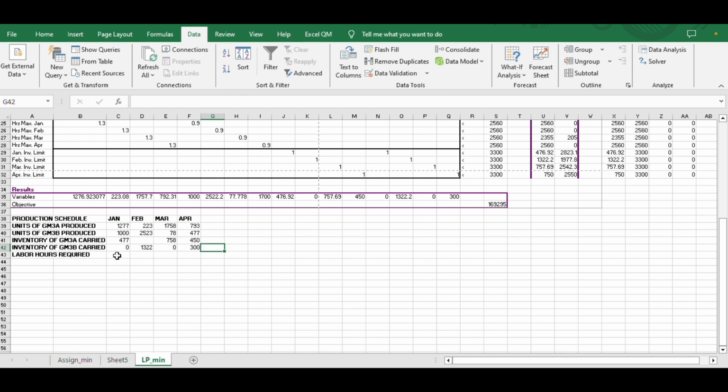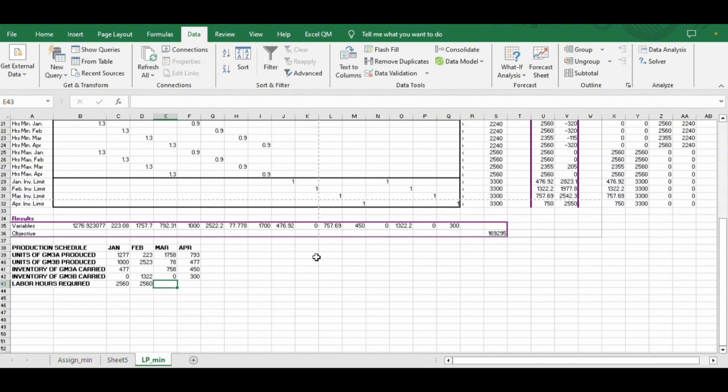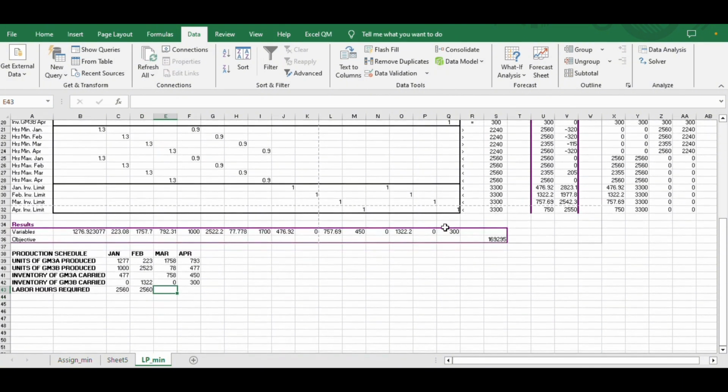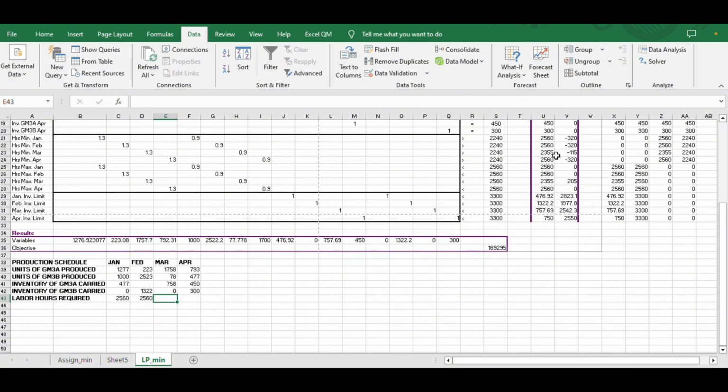So the labor hours will be, for January, 2,560, then still 2,560, and here is 2,355 as you can see here, and then here is 2,560, 2,555, and 2,560.